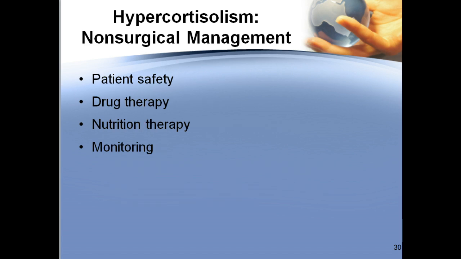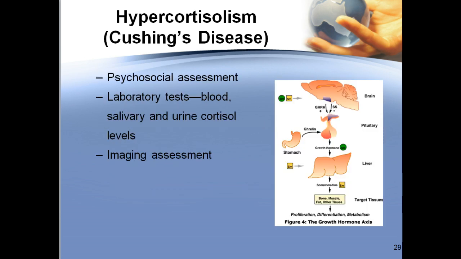A lot of times when you see a person with Cushing's disease, they have that moon-looking face, and some of the clinical manifestations are weight gain, truncal obesity, and a buffalo hump. Everything is paper-like.